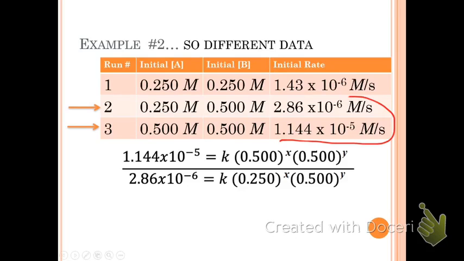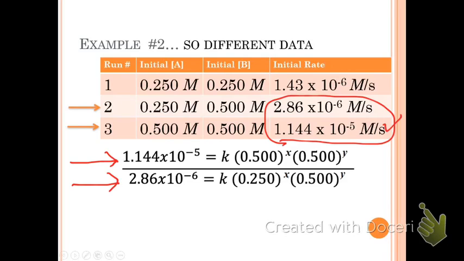Of those two, the 1.144 being the highest rate, we are going to put experiment 3 in the numerator and experiment 2 in the denominator.